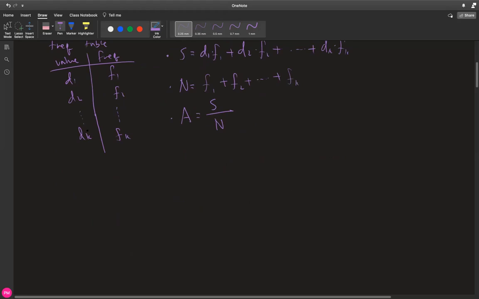Next thing we did was the percentile, so how to find the pth percentile. The first step was to find a locator, L, which is simply p divided by 100 multiplied by n, the size of the data. There are two different outcomes.